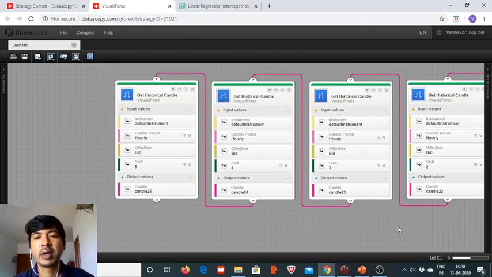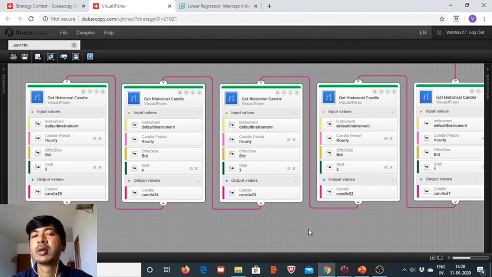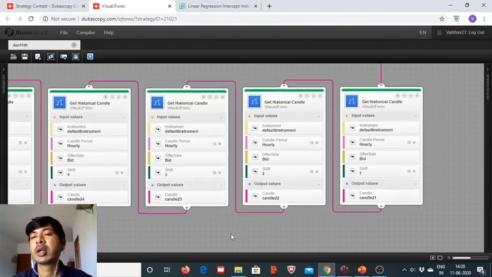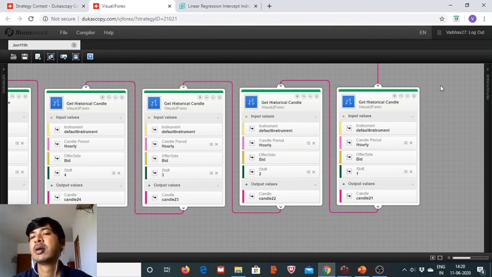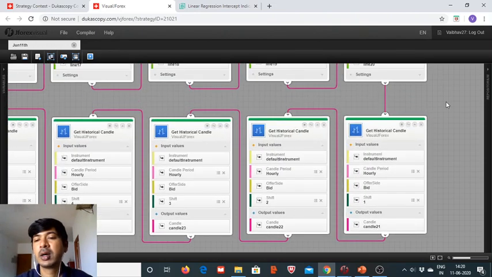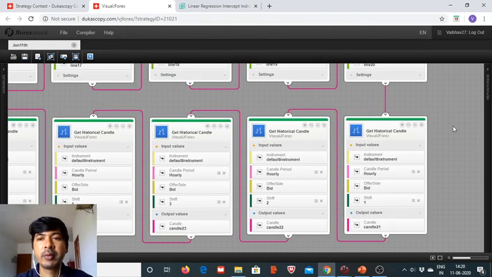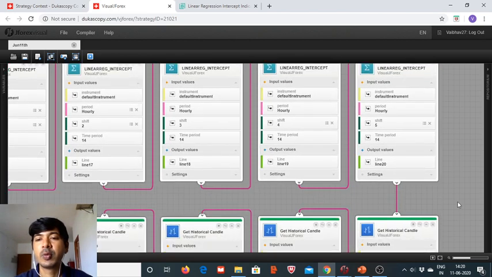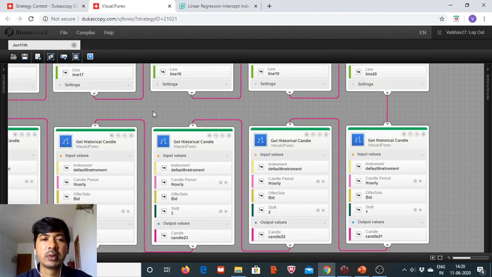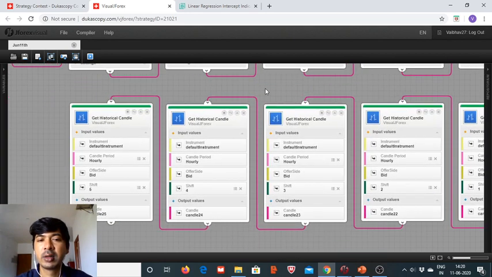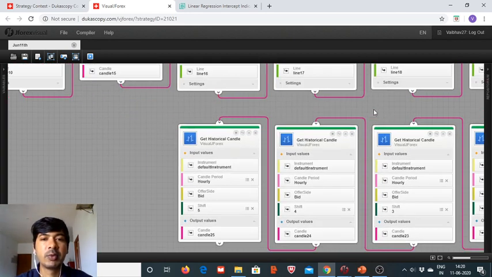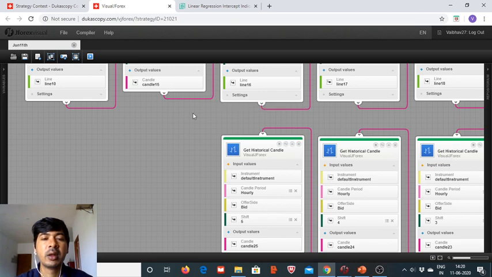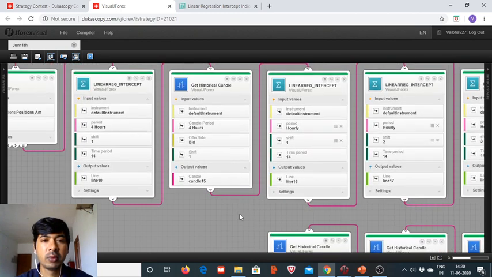So here we have got these 5 historical candles which will need to be compared with the respective linear regression intercept values. So here it has been well defined.